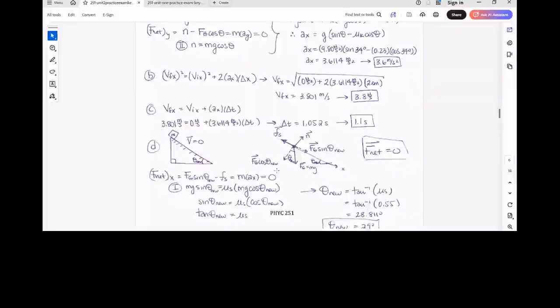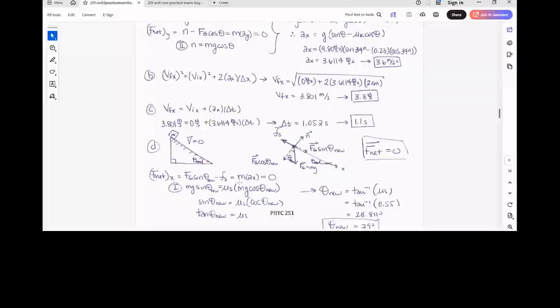The cosine component of the gravitational force is Fg cosine theta nu. Fg sine theta nu is pointing downhill. The normal force is the same as we drew it before, and now the type of friction that is acting on the block is static instead of kinetic. So our goal is for F net to be 0 and stay 0.